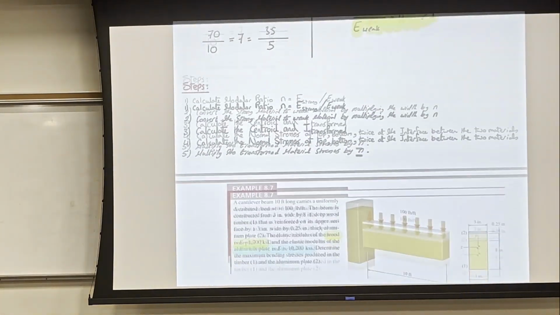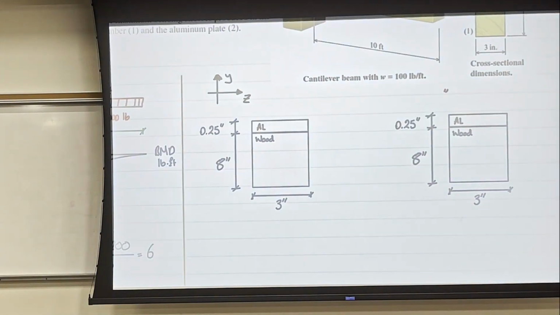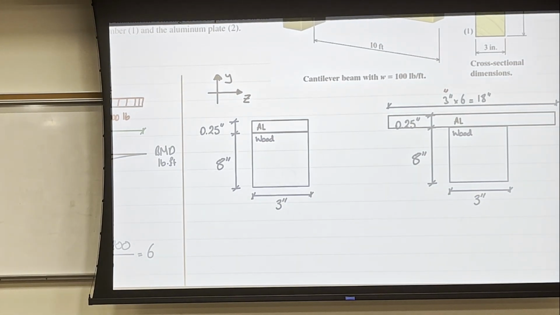I'm going to multiply the width of the aluminum by 6, which is the factor. When I multiply 6 times 3, I get 18. So I'm going to widen the aluminum by multiplying by 6. Let me organize this: 3 inch times 6, the modular ratio, gives 18 inch.